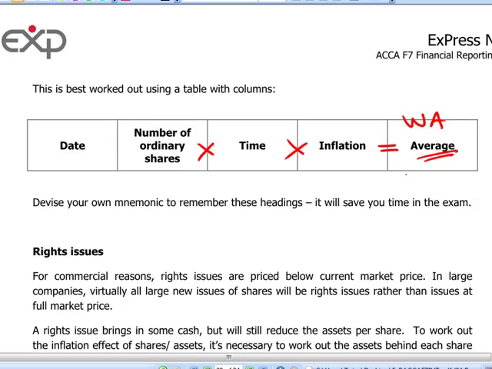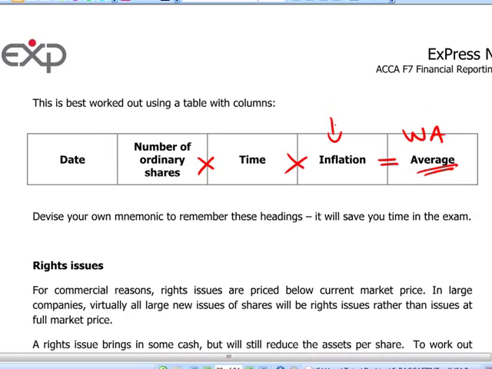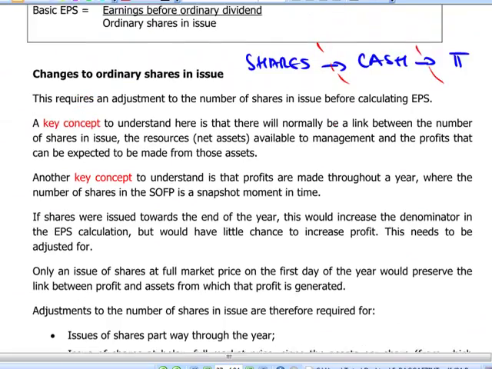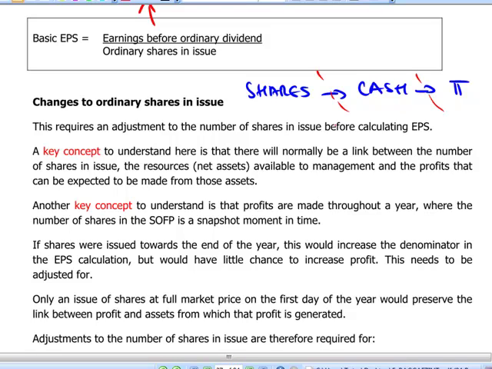Now, why do I say this element of inflation? Think, for instance, if you are issuing a bonus issue, meaning to the current existing shareholders, you are giving them some shares for free. Coming back to what I just explained, every time there is a missing link between issuing shares, getting cash, and generating profit, we will have to pay attention to the way we calculate the earnings per share or the weighted average number of shares.